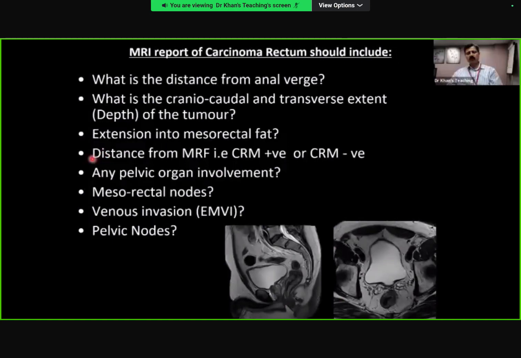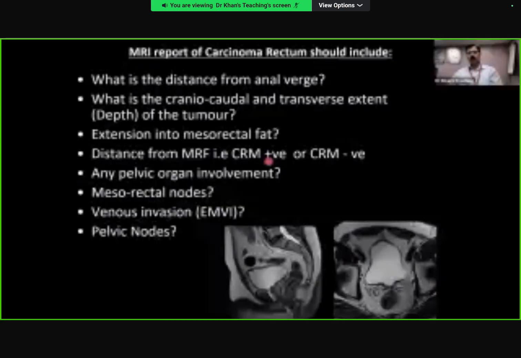Now, from here comes this concept of distance from the mesorectal fascia. If the tumor touches the mesorectal fascia, then we use the words circumferential resection margin positive.